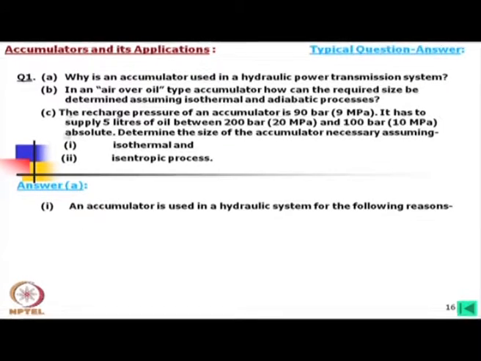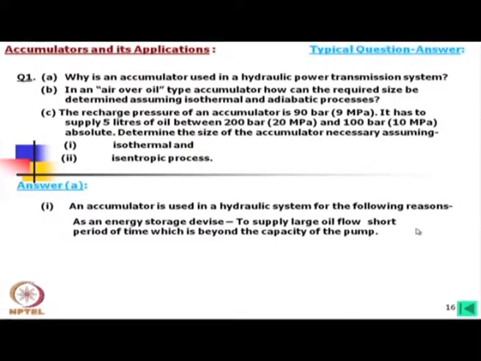Now, answer of part A: why is an accumulator used in a hydraulic power transmission system? An accumulator is used in a hydraulic system for the following reasons. 1, as an energy storage device to supply large oil flow for a short period of time which is beyond the capacity of the pump.